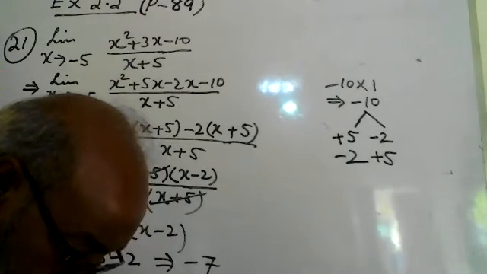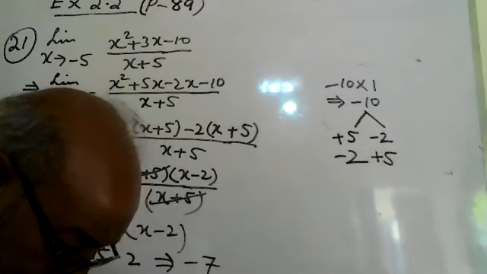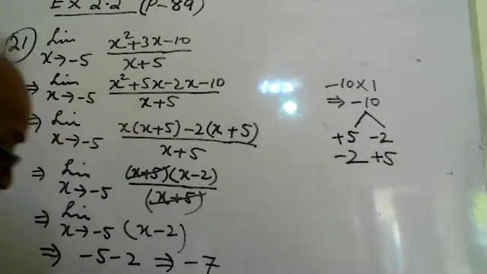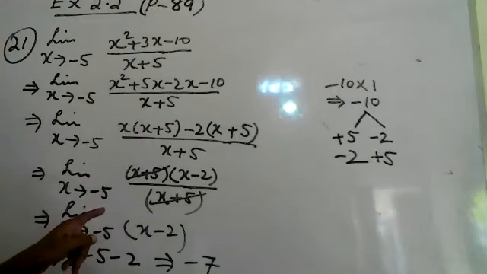Question number 25: minus 2x minus 4 upon x cube plus 2x square. Have you understood this question? Yes, sir. Okay, beta.